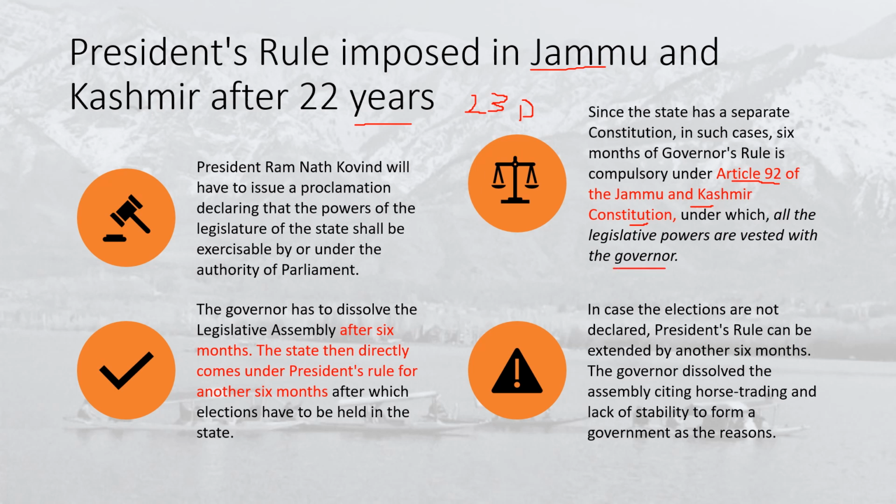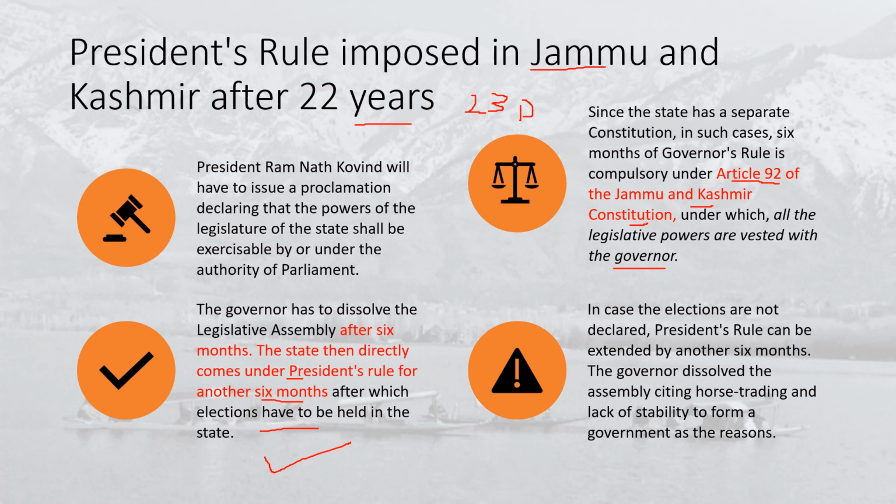And the governor has to dissolve the state legislative assembly after this period of 6 months, and the state then directly comes under the president's rule for another 6 months, after which the elections have to be held in the state.